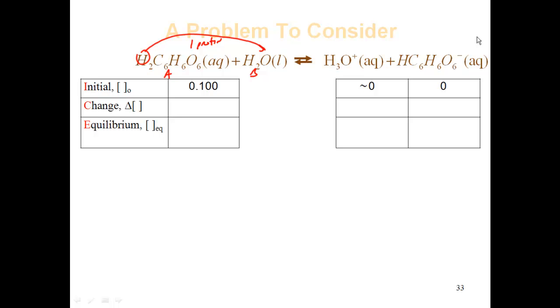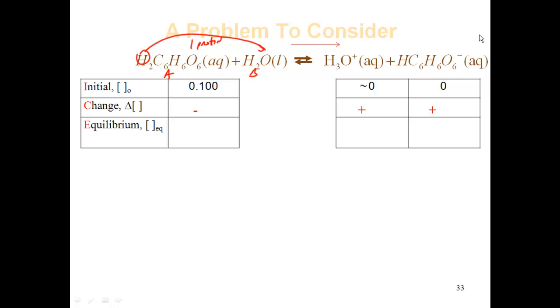Plug in our initial values, set up our ICE table. We've got 0.1, approximately 0 for hydronium, once again neglecting the water contribution as well as the contribution from the second equilibrium, and 0 for our conjugate base. Since I have zeros on the product side, we know that it has to go to the right. That means I have minuses on my reactant side and pluses on my product side.